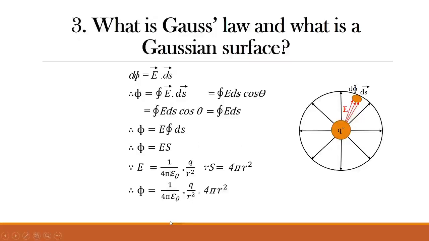Here 4 pi cancels, R square cancels. Hence phi equal to Q divided by epsilon naught. That is, total flux is equal to the net charge Q divided by the permittivity of vacuum, epsilon naught. This is the proof of the Gauss law.